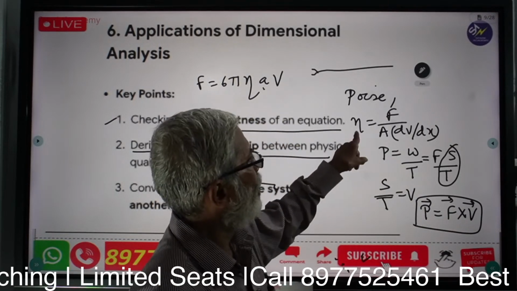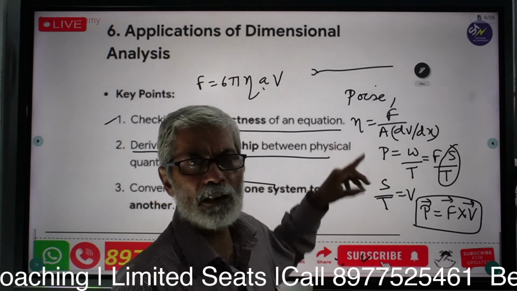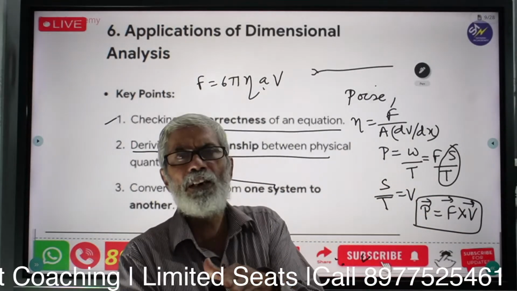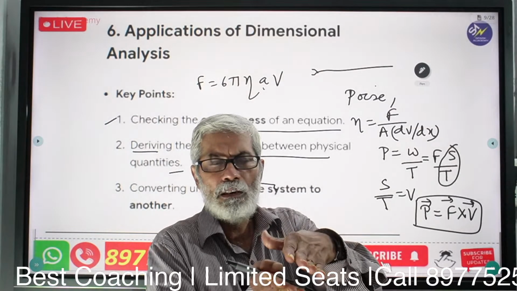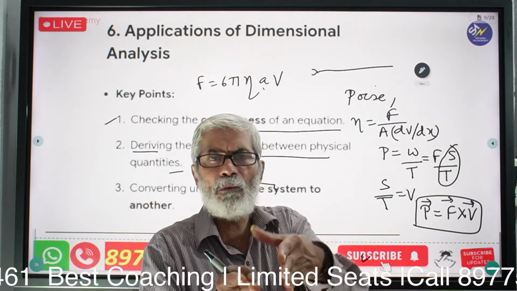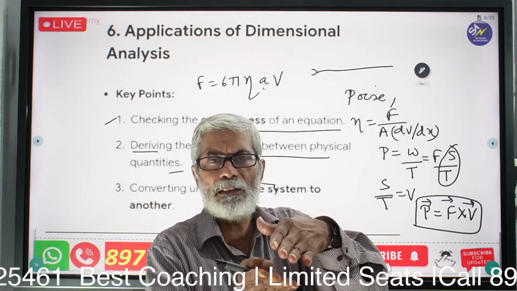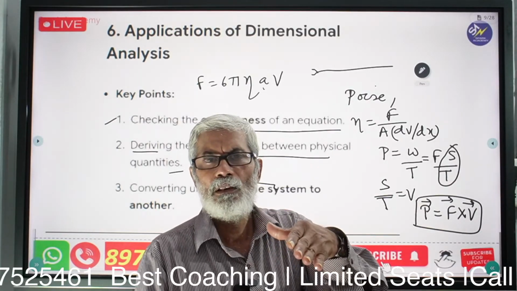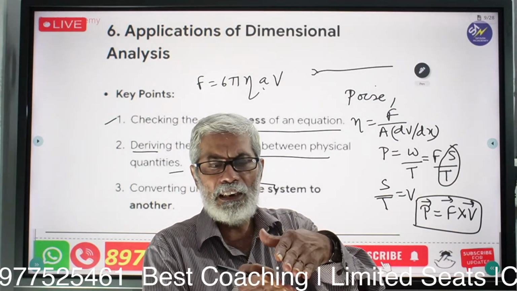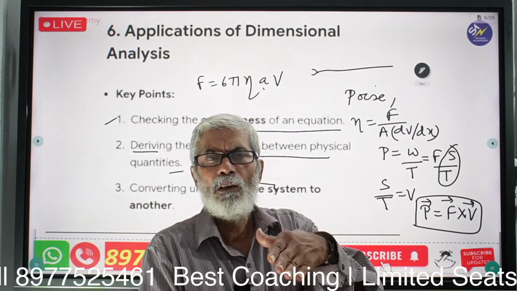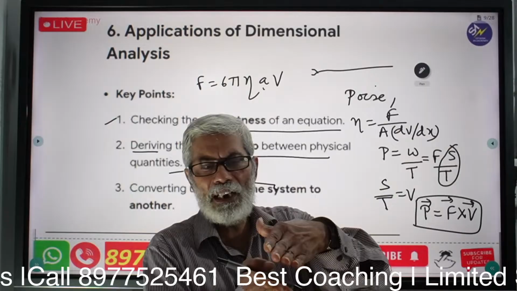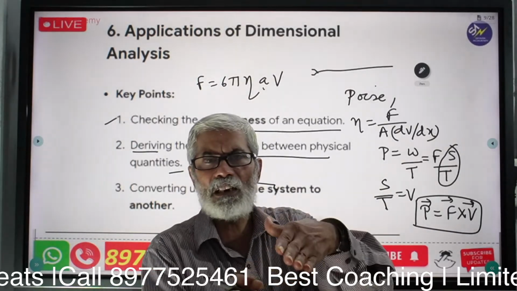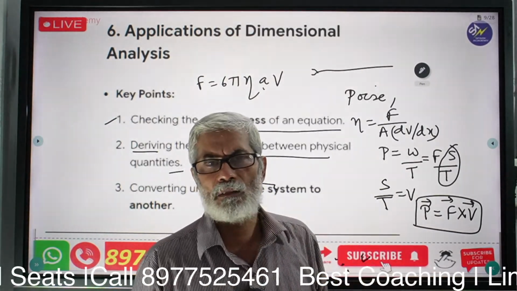Like that, this is the coefficient of viscosity. What is viscosity? Viscosity is friction between two liquid layers. Think that when a liquid is flowing from one point to another point, there are different layers. Each succeeding layer will be traveling faster than the previous layer. If one layer travels faster than the previous layer, there will be some retardation.